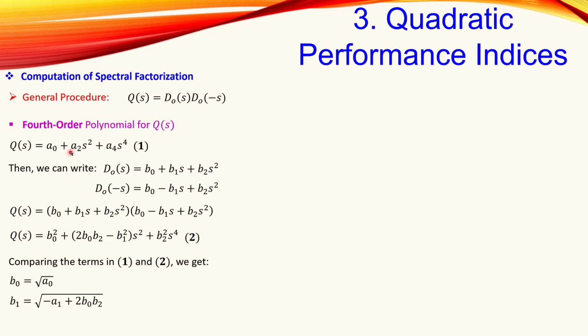And b2 squared is equal to a4, so b2 is the square root of a4. So we have now 3 equations. Solutions can be found directly because once you know b1, b0 and b2, you just substitute it in here, because a2 is also known from the Q, which we have calculated. Then we can also calculate b1, so that is just done directly.